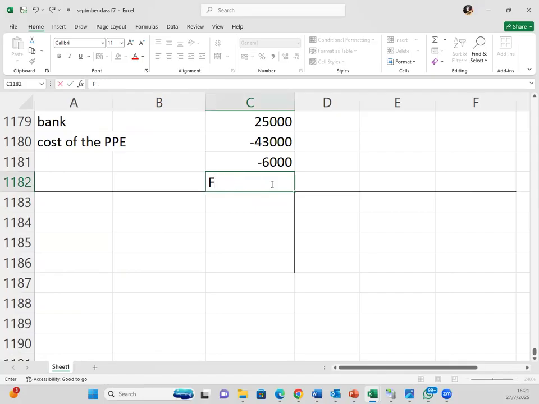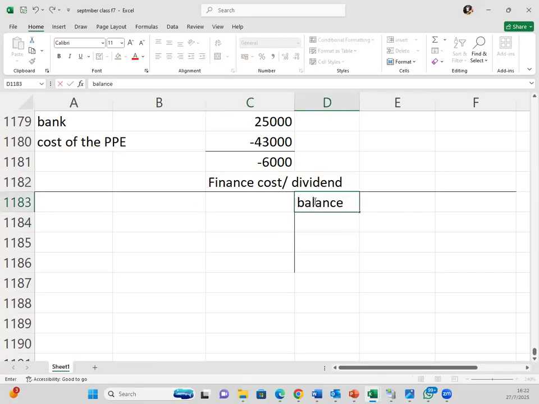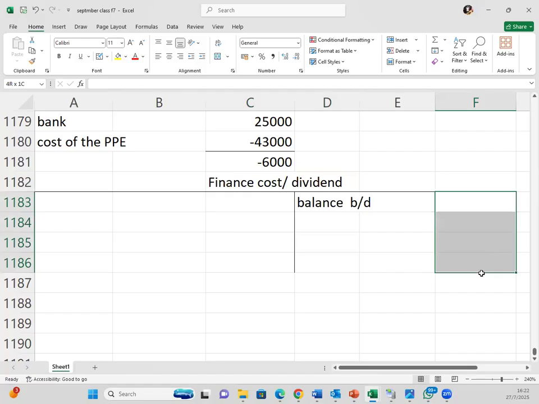This is the same for dividends. So finance cost and dividends, the account is going to be the same. You start with the amount this side, the balance BD, that's the amount being owed at the start of the period.